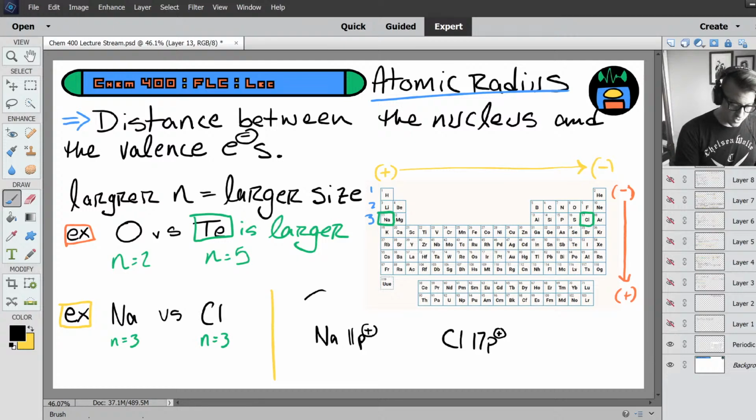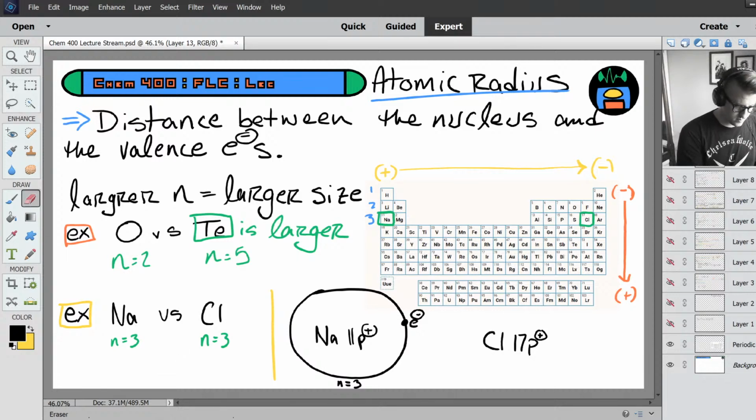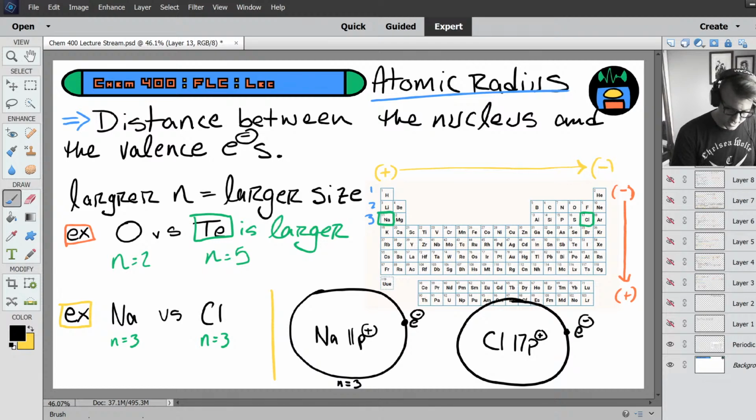Now, all the electrons out in the third shell, right, n equals 3, feel the pull of each nucleus. I'm just going to scoot chlorine over. This is n equals 3. They're out on the third shell.